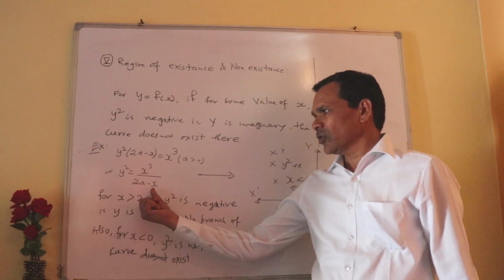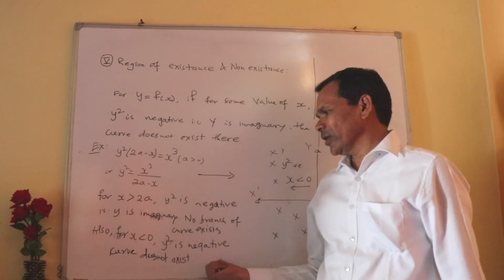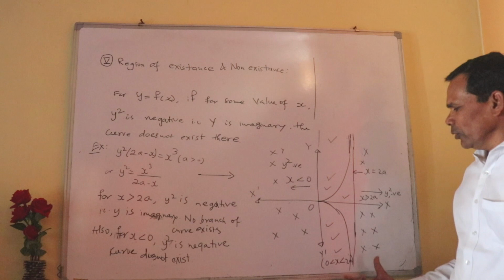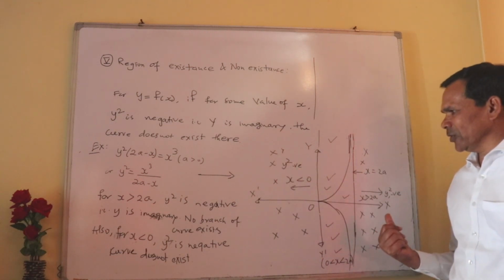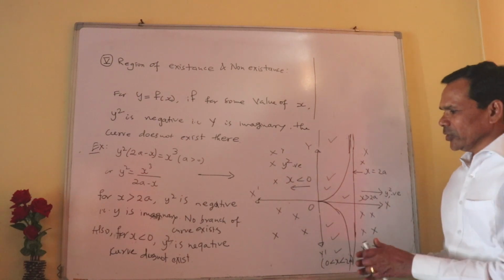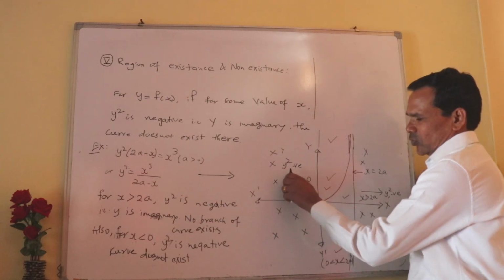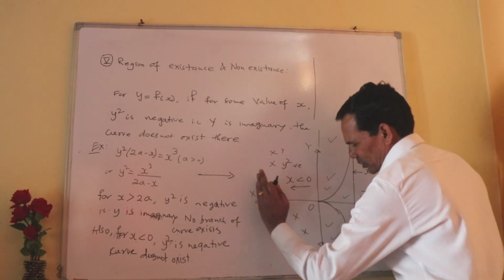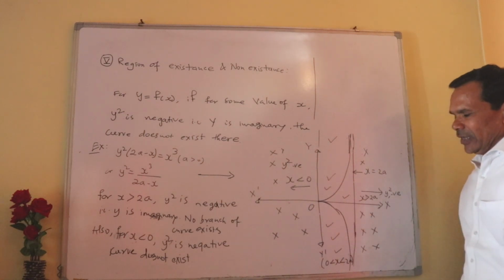Similarly, if x is negative, take any negative value of x, then also y square is negative. No curve exists there. If you see the figure for this particular curve, this is its shape. X negative means this part here, where y square is negative, so no branch of the curve exists, and it is marked with a cross.